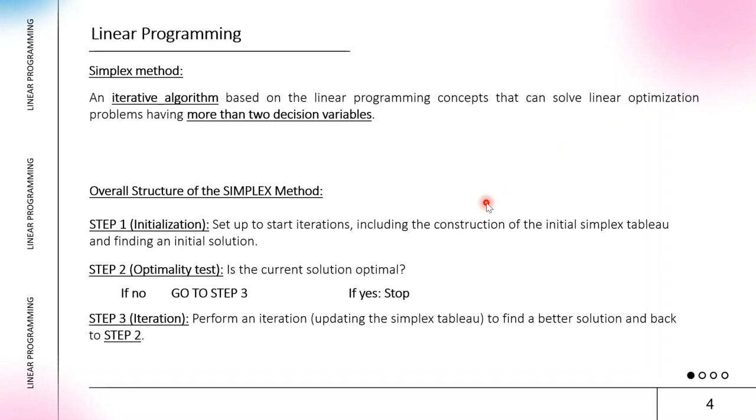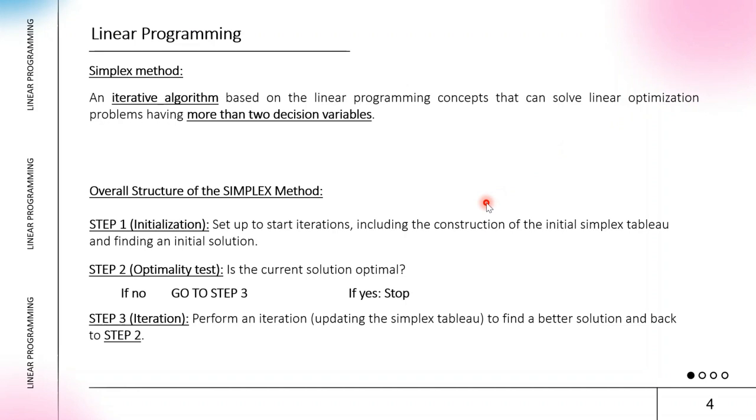In step 2, we have the optimality test. We examine the bottom row or the objective function row of the table. If the current solution meets the optimality criterion, it means that no further improvement is possible, so we stop. Otherwise, we proceed to step 3.